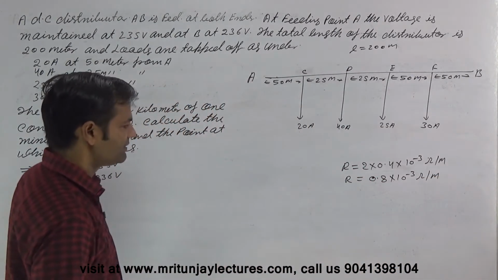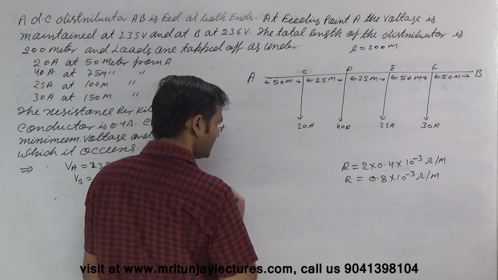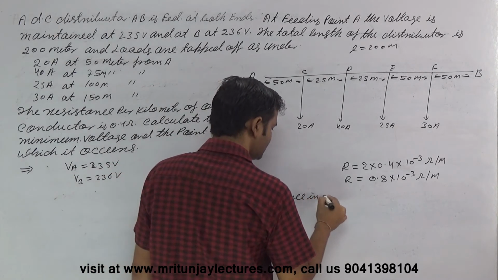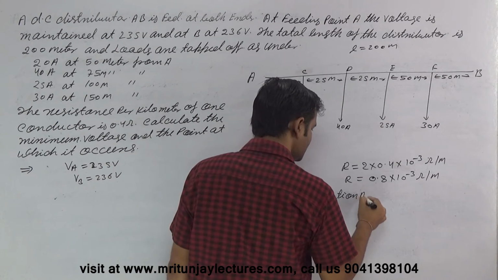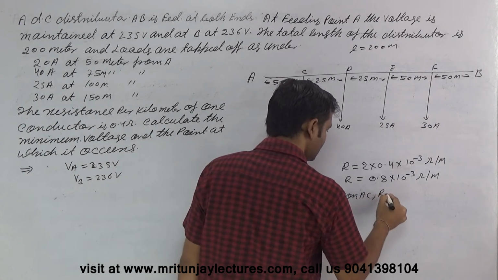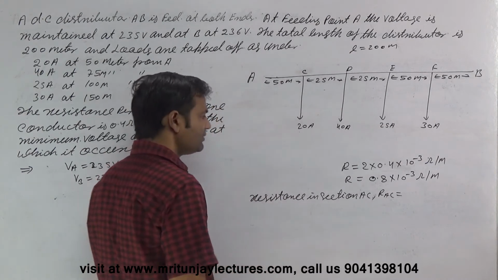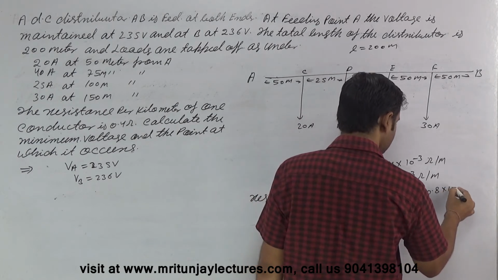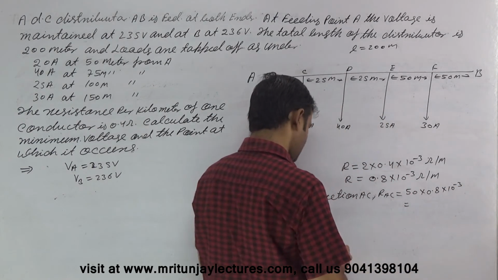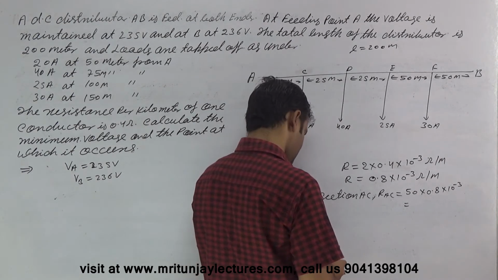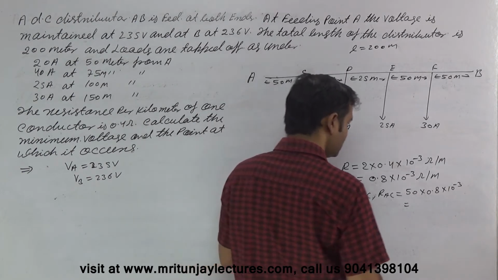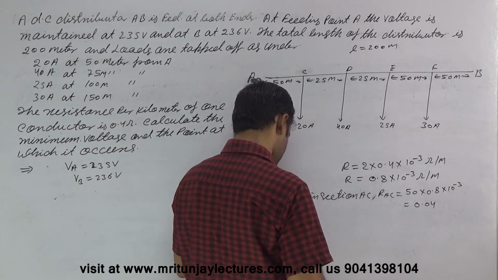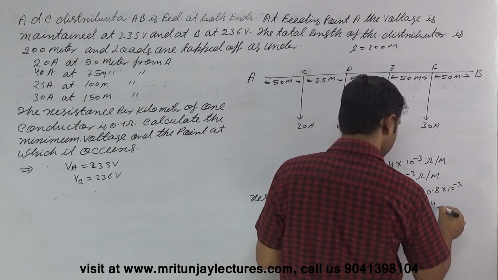So what about the resistance in section AC? R of AC is 50 into 0.8 into 10 to the power minus 3, that is 0.04 ohm.